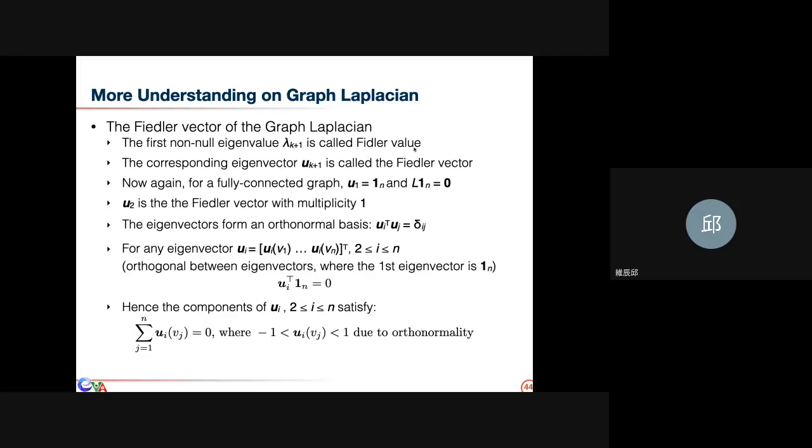It's just a terminology, and the corresponding eigenvector for this Fiedler value is called the Fiedler vector. For a fully connected graph, its smallest eigenvalue is equal to 0, and the eigenvector corresponding to the smallest eigenvalue is a 1 vector.